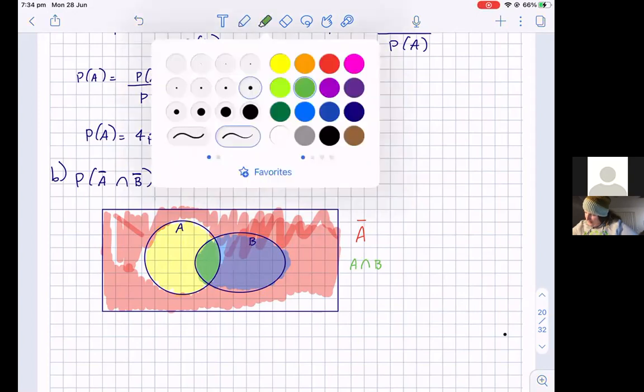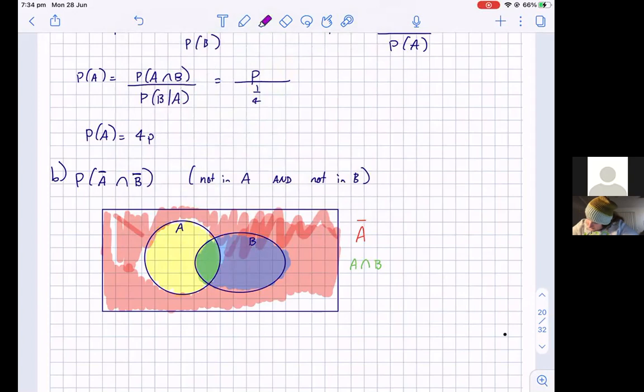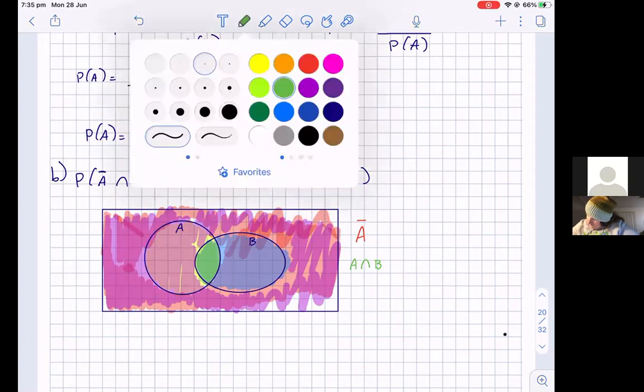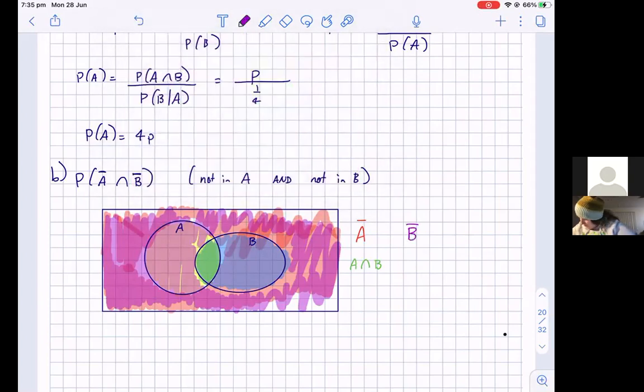If I color in the stuff that's not in B, in purple, then we're after the stuff that's both red and purple.